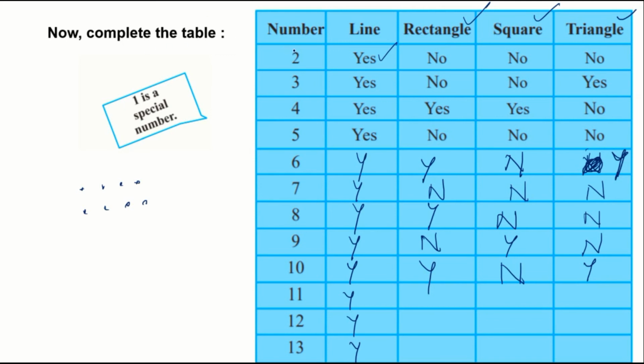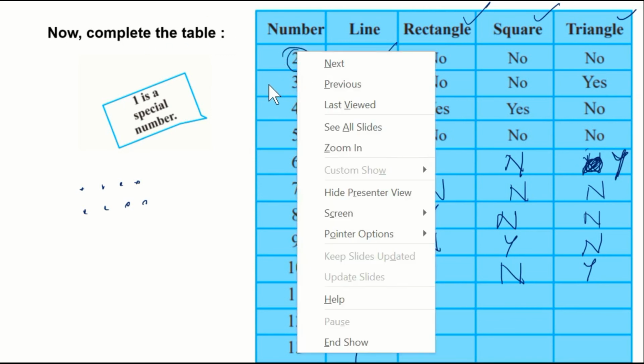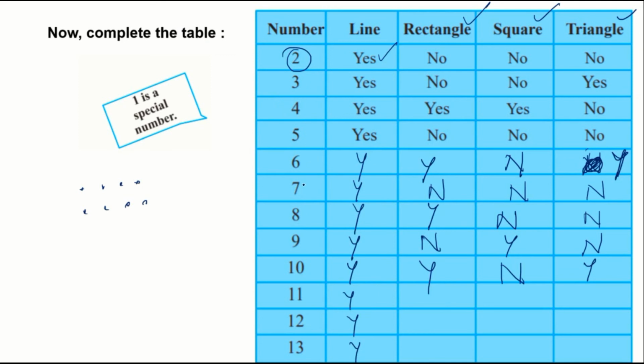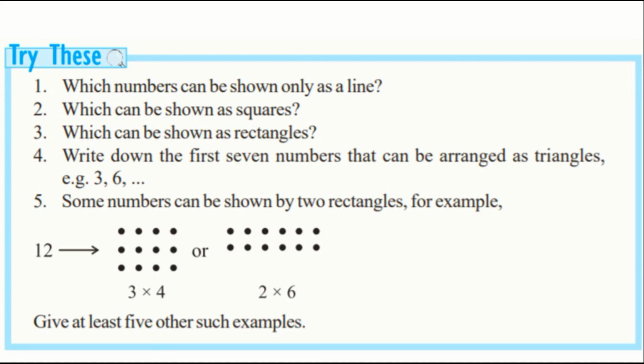I think 2, 7, and you can watch for some more, probably 11. Okay, and you could recognize probably 13 also. So you can tell them from this table, like 2, 7.